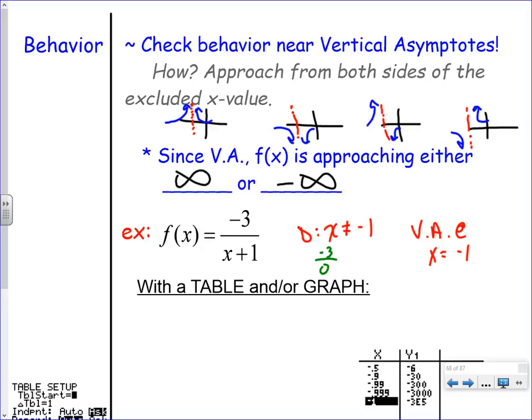We were going to the right, and we were going to the left, and we were asking ourselves the question based on the degree of the polynomial and, what was the other part? The coefficient. Which coefficient were we looking at? Leading coefficient. But wait. What part of it though? The sign. So the sign of the leading coefficient.